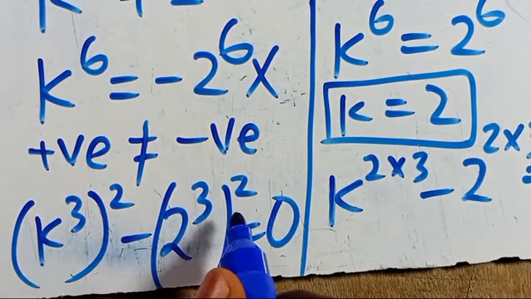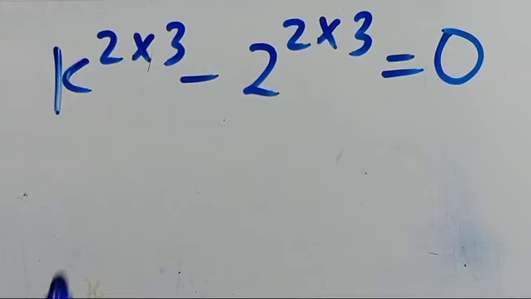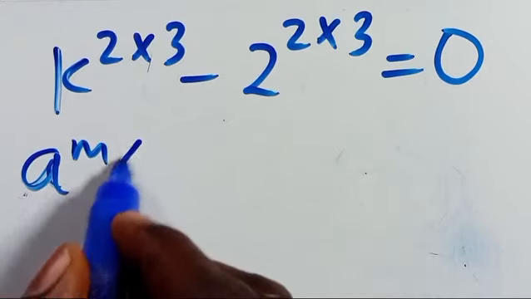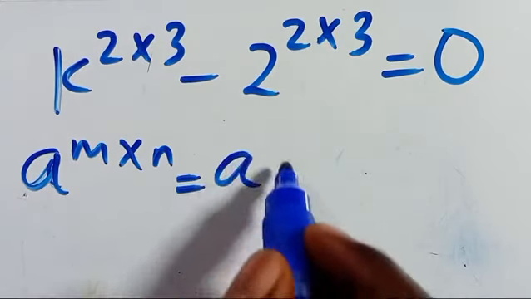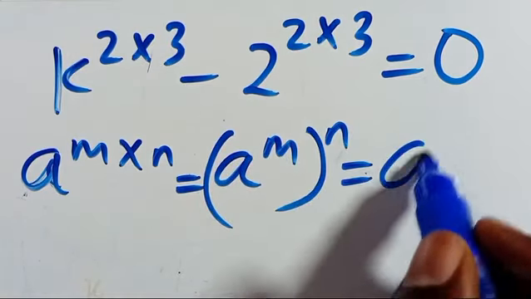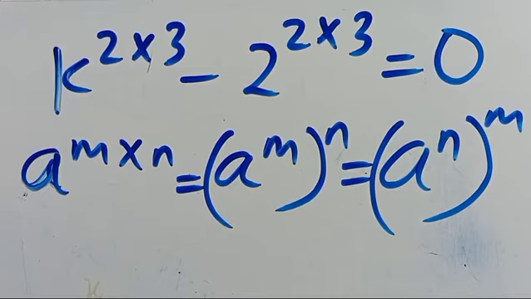By applying the perfect square to this, we can also have it as follows. When we have a to the power of m times n, it equals a to the power of m in parentheses to the power of n, which equals a to the power of n in parentheses to the power of m.